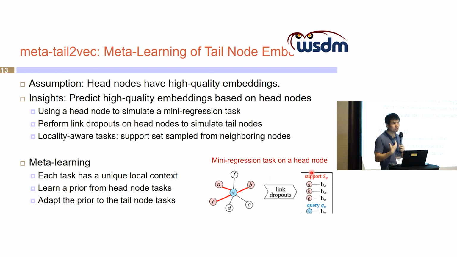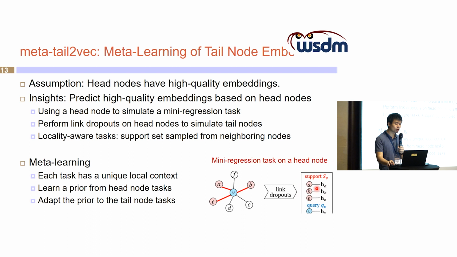In a typical meta-learning scenario, the support set is typically randomly sampled. But here we are going to sample from the head node's neighbors, right? Because of the topological structures. Neighbors on the graph are assumed to have similar behavior. And we try to learn from the support set, right?